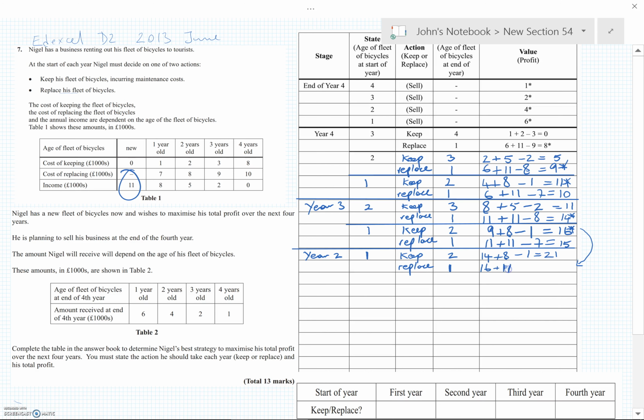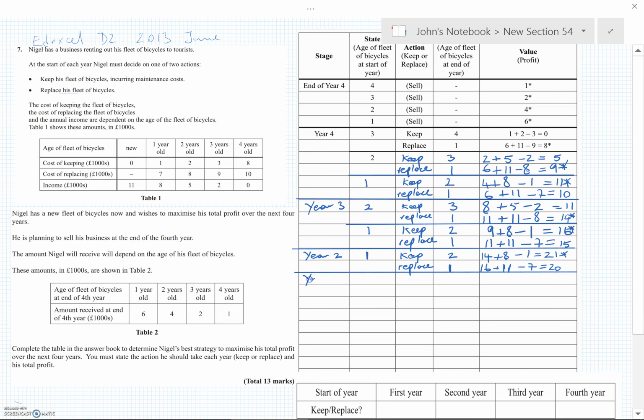However, they were 1-year-old bicycles with a cost to replace of 7. Adding all of those together, we get 20. So the optimum of these is 21. Okay, so that's year 2 stage completed.